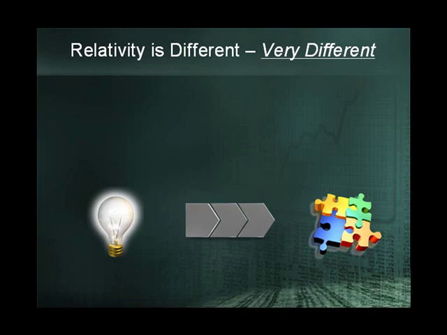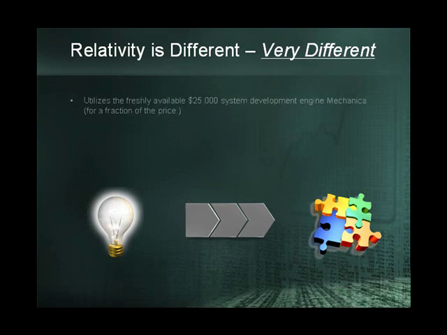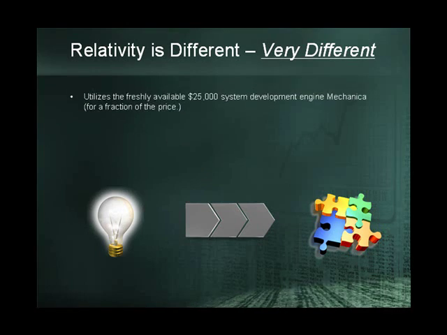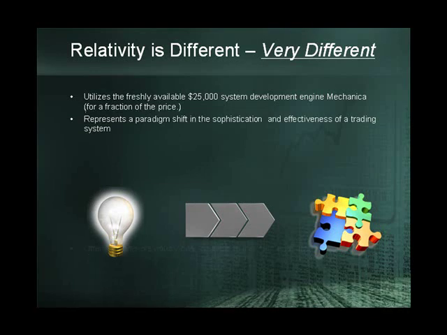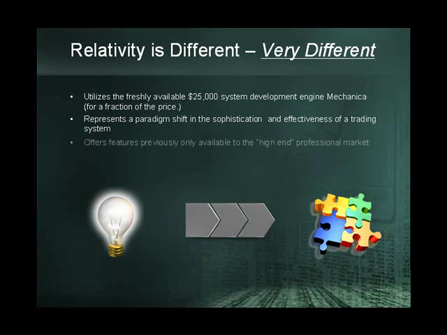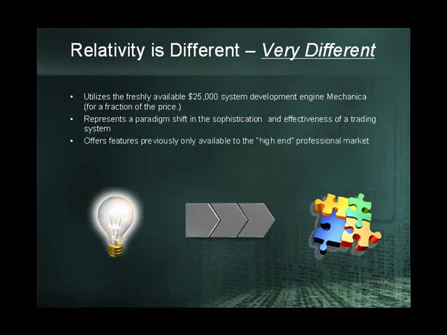And just to give you some of the facts about the system, it does utilize the Mechanica trading software platform, which up until very recently was really only a professional platform. The price tag was very high. It was and still is $25,000. It's well worth it if you're a professional trader and need that kind of platform, but the individual investor, generally speaking, was not able to justify that sort of expense for their trading systems.